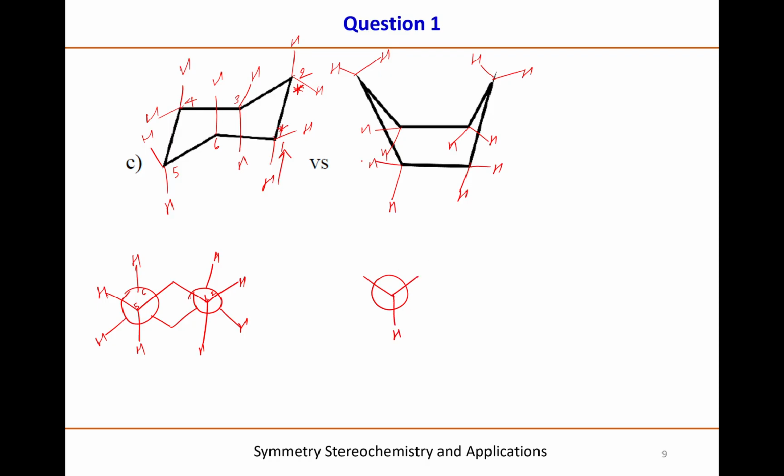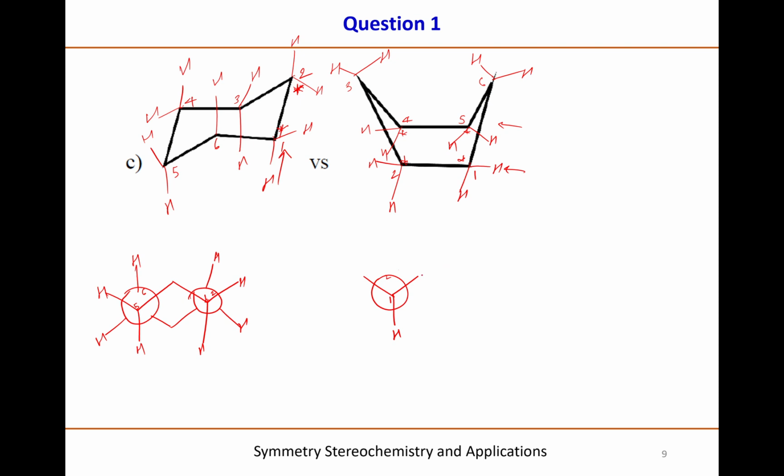Here we have these two carbons. I am considering any two carbons. So if I take these two on the plane and I am looking from this side, so 1, 2, 3, 4, 5, 6. So here 1 and the backside is 2.